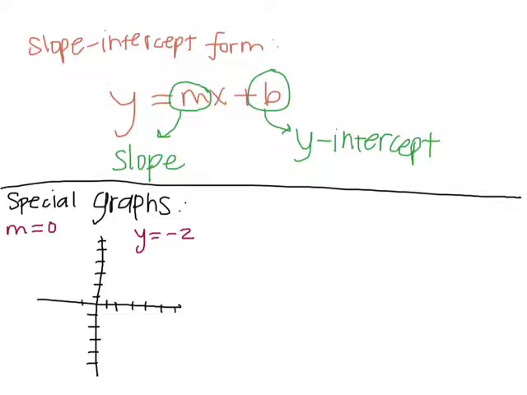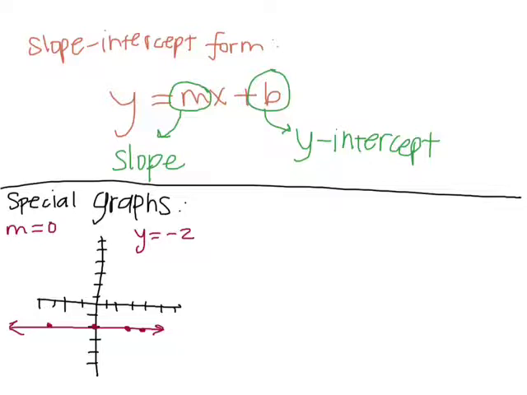When x is 0, my y value is going to equal -2. So I'm going to go down here to -2, plot a point. When x is 3, y is -2. When x is -3, y is -2. When x is 4, y is -2. You can see that y always equals -2, and if I were to connect all of these dots, it would just give me a horizontal line.